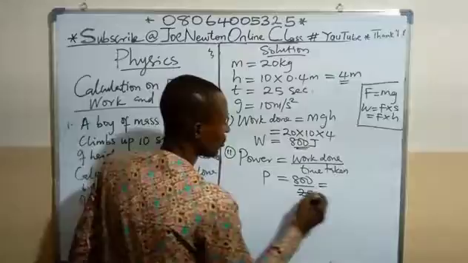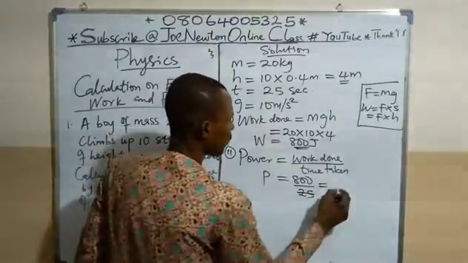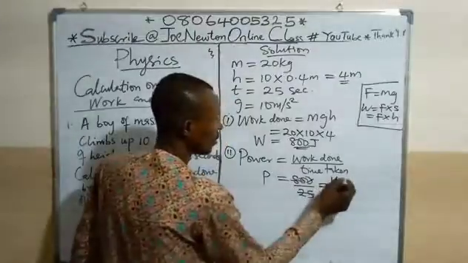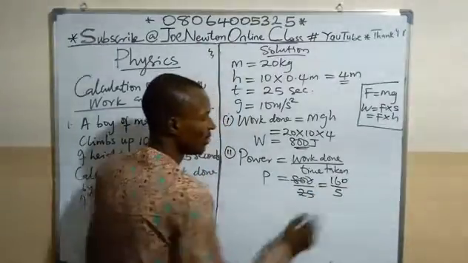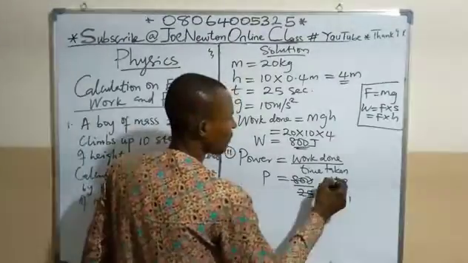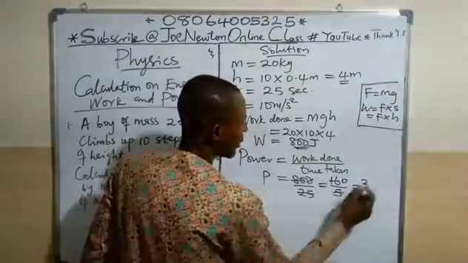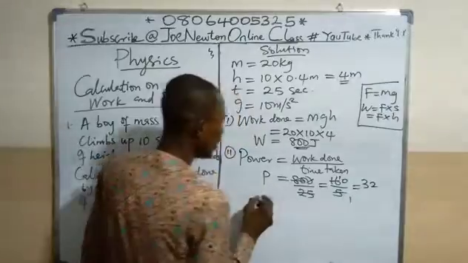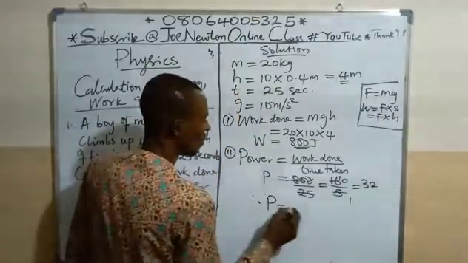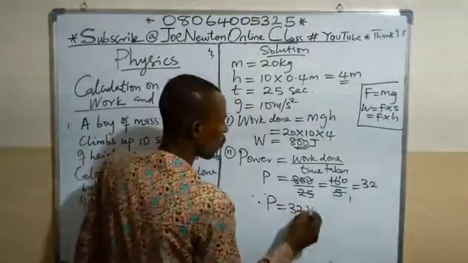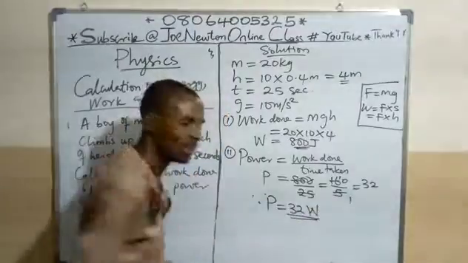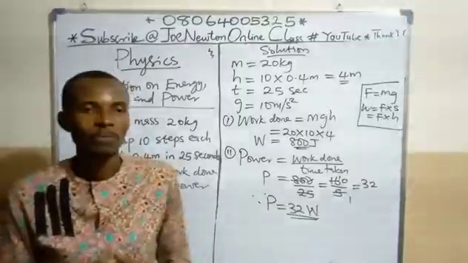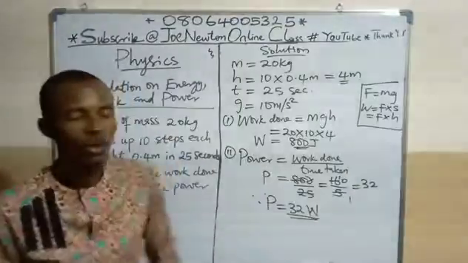So let's divide to lowest terms. 5 divided by 5 is 1. 5 into 80 is 16. 5 into 0 is 0. 5 into 25 is 5, and 5 into 5 is 1. 5 into 15 gives us 3, 5 into 10 gives 2. That's 32. Therefore, the power of the boy is 32 watts. Another important thing is the unit. The unit of power is watts. So that is the solution to this particular question.